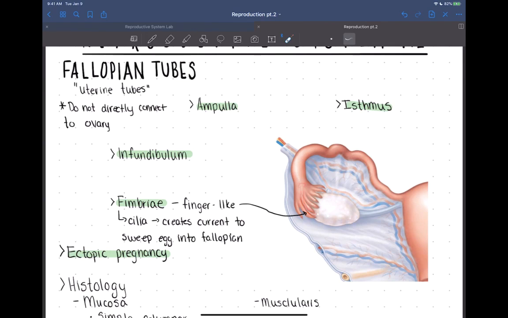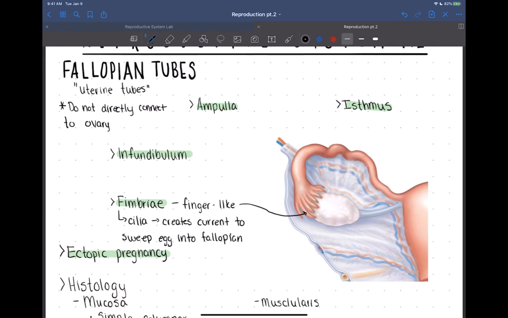But the egg is released essentially into the peritoneal cavity. So it is possible, although not extremely common, that the egg can fall out, not go into the fallopian tube, and end up in the peritoneal cavity. So the fimbriae with their cilia help guide that egg into the fallopian tube.